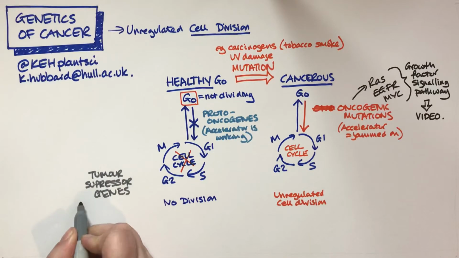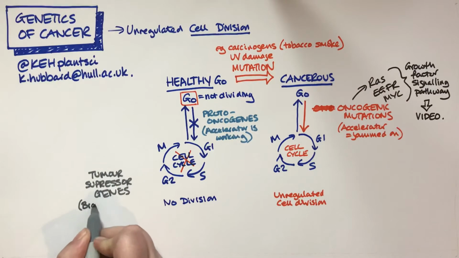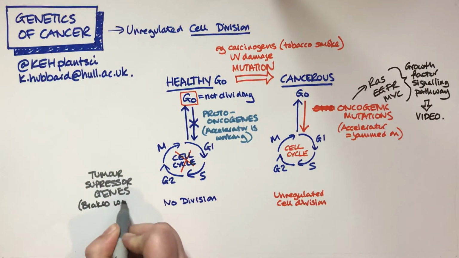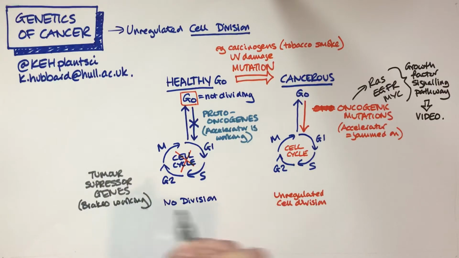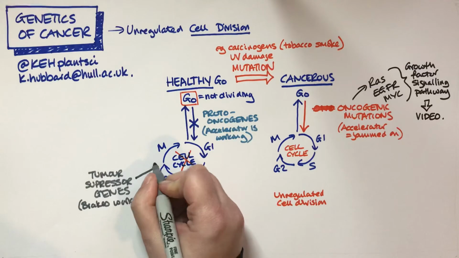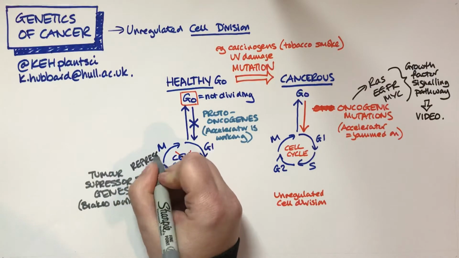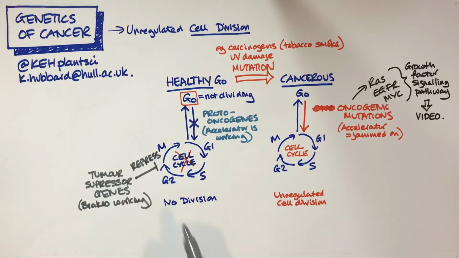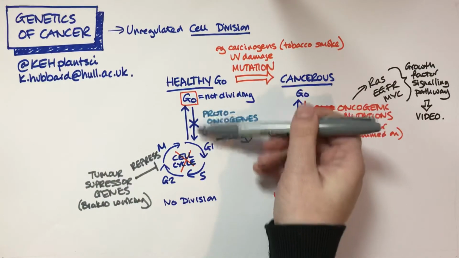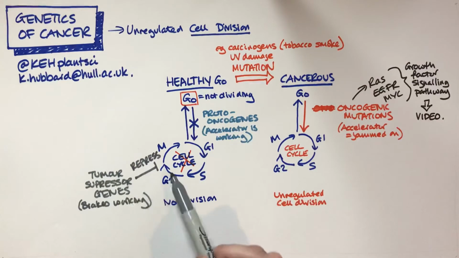In the healthy version, your brakes are working. What your tumour suppressor genes do is repress the cell cycle. So usually in a healthy G0, in addition to not activating entry, we've also got tumour suppressor genes which are switching off the cell cycle.